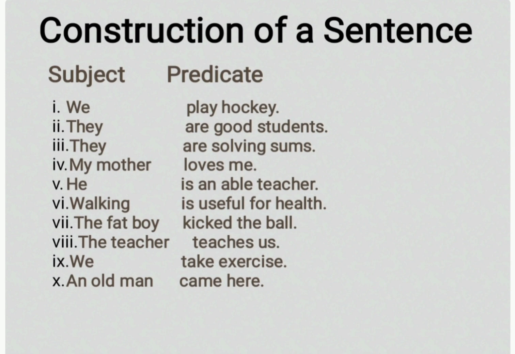In the last example, an old man came here. Here, the first part of the sentence, an old man, is the subject and the remaining part of the sentence, came here, is the predicate. So these are the different examples that have been mentioned in order to clarify the subject and predicate of the sentence.